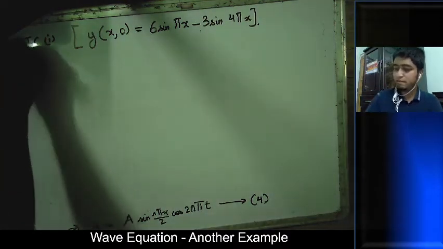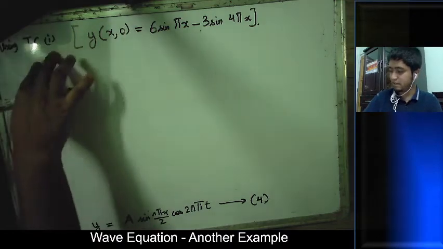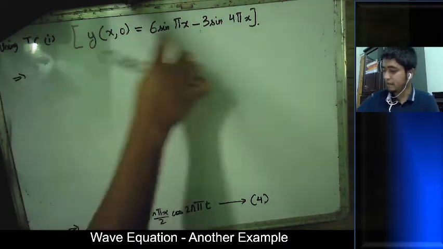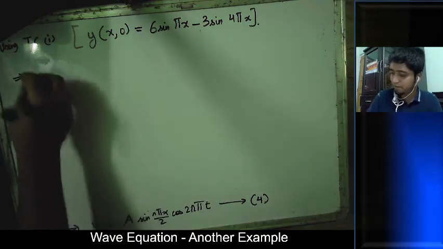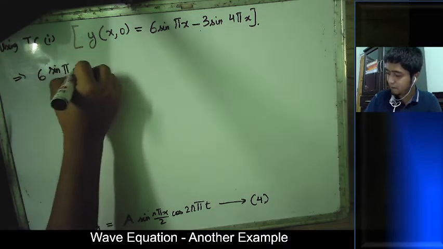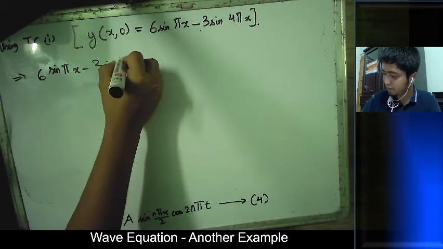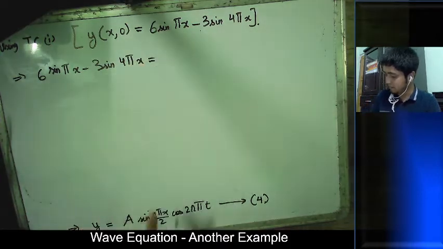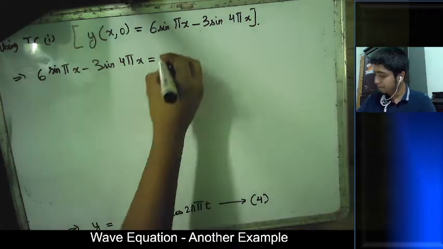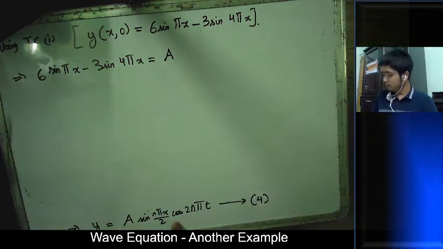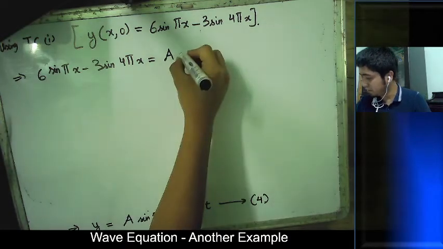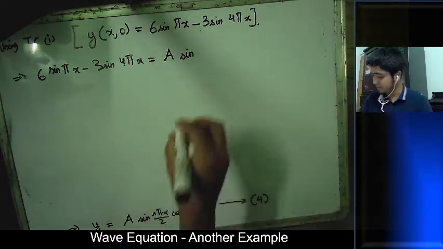So using the initial condition 1 over here, the value of y is equal to this: 6 sine pi x minus 3 sine 4 pi x is equal to this a. Time equal to 0, so this one will become 1. So all that you will be having is this.